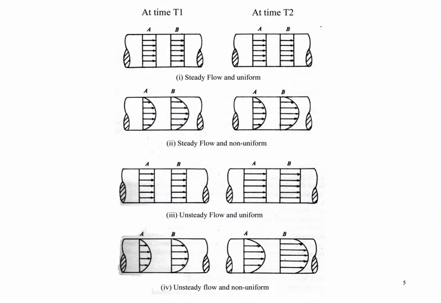And then for the second one, it is steady. If we compare A and B here, the velocity is changed. But if we compare point A at time 1 and point A at time 2, we find there is no change of this velocity profile. So the flow is steady flow because it does not change according to time.